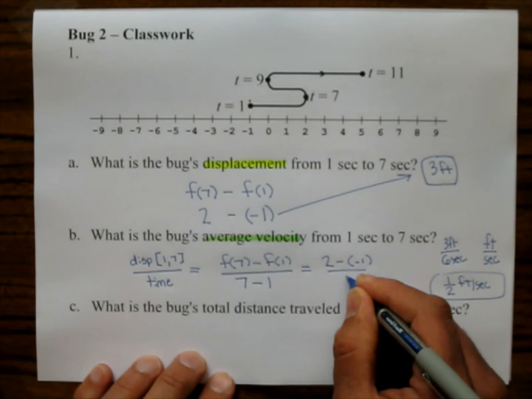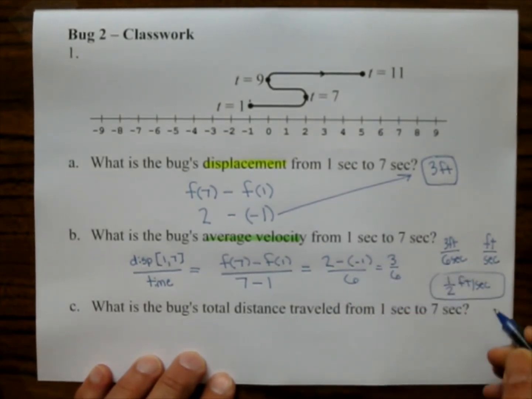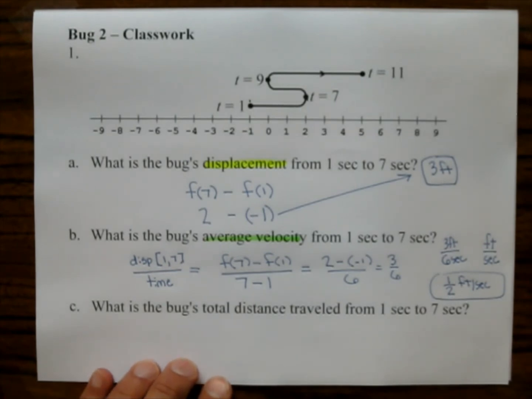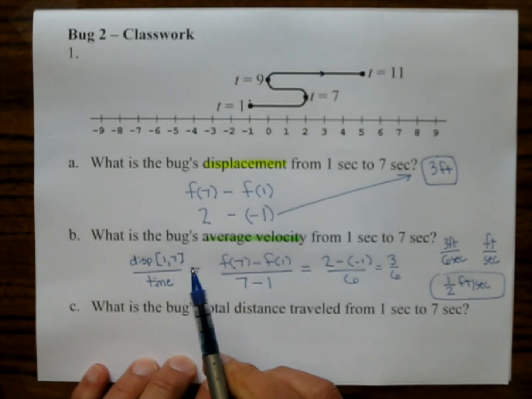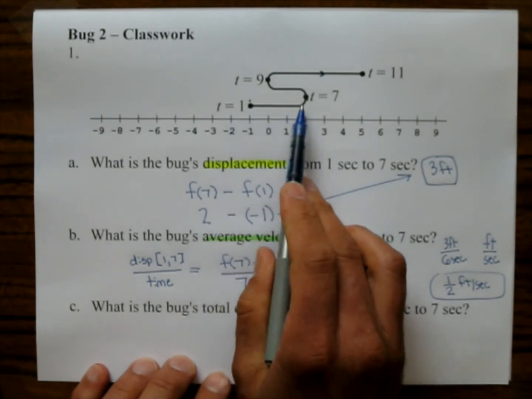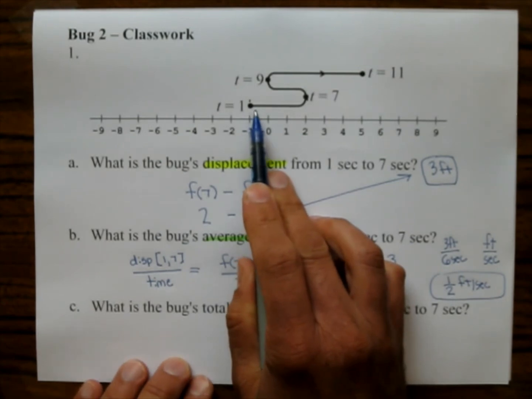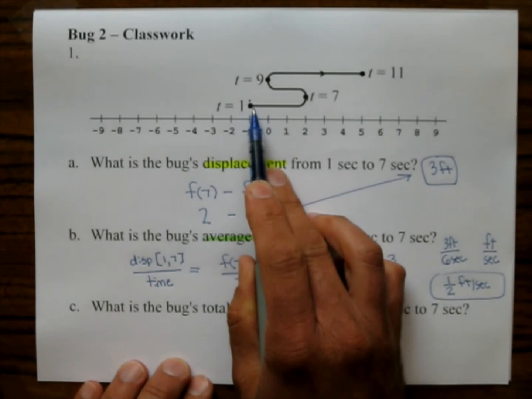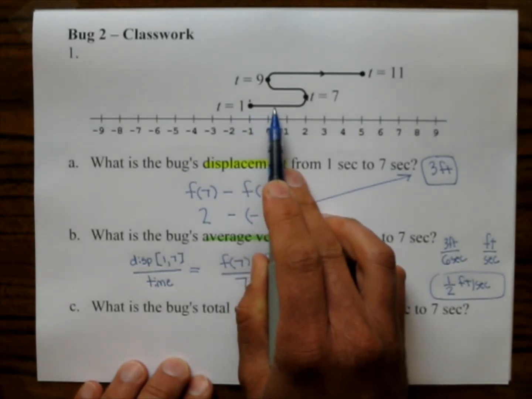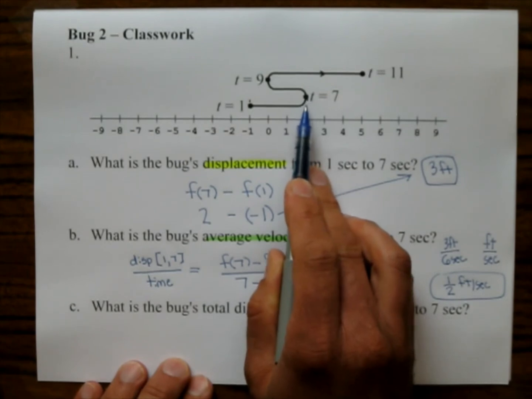And on the bottom we have 6, which was 3 over 6 feet per second. So that is the bug's average velocity from 1 second to 7 seconds. And it doesn't mean he was necessarily going 1/2 foot per second the whole time. He could have gone really quickly at the beginning and then slowed down until he got there. The average velocity is sort of just the average of what he was doing.